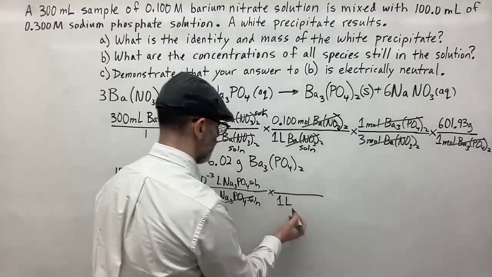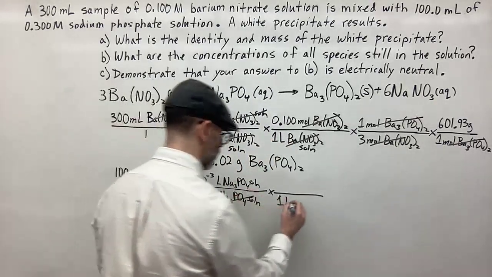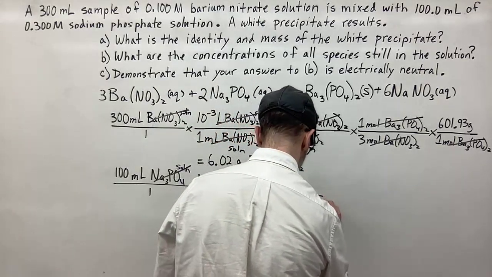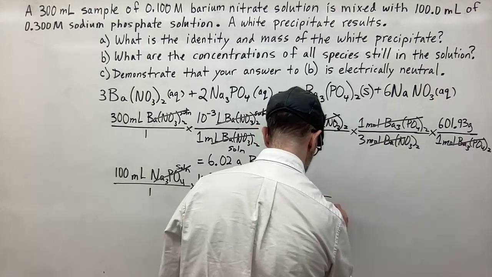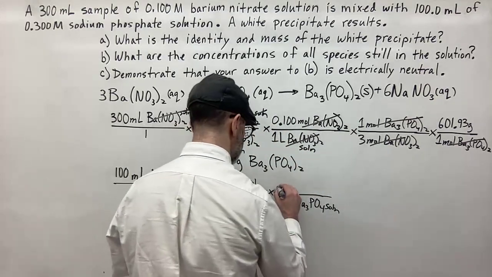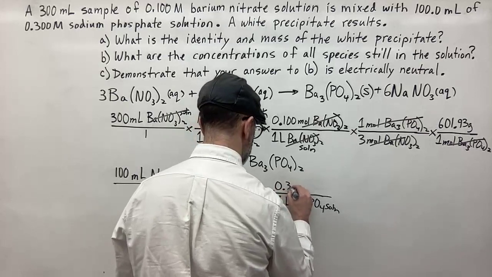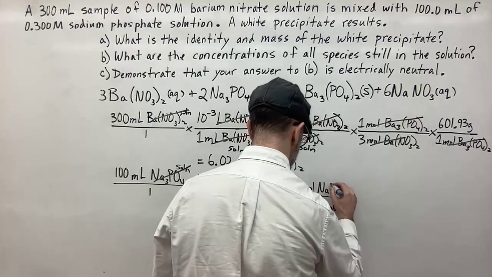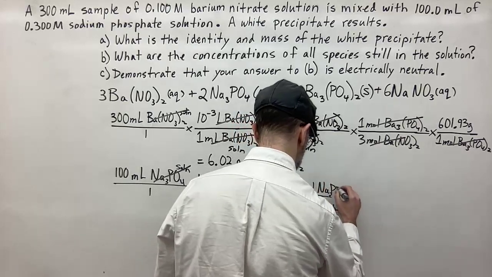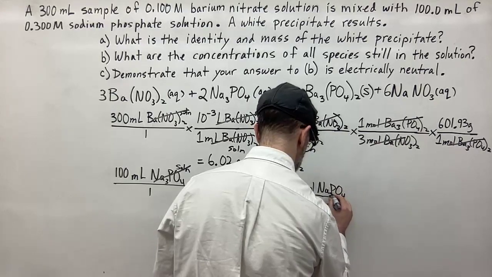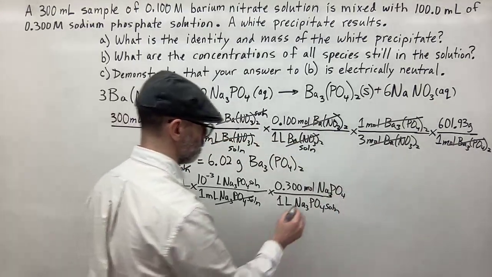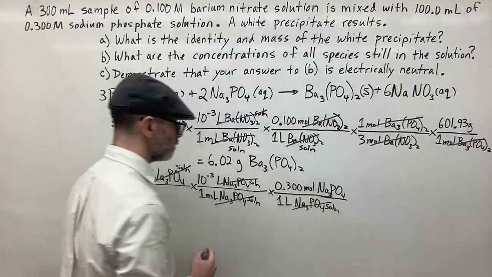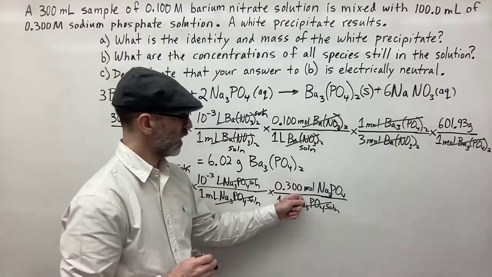Since I have liters here, I'm going to put liters on the bottom: 1 liter of the sodium phosphate solution, and on top 0.300 moles of the sodium phosphate. And so liters are going to cancel out. Now I have moles of the sodium phosphate.